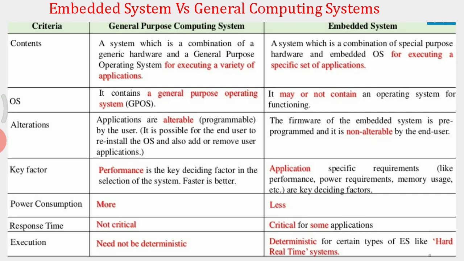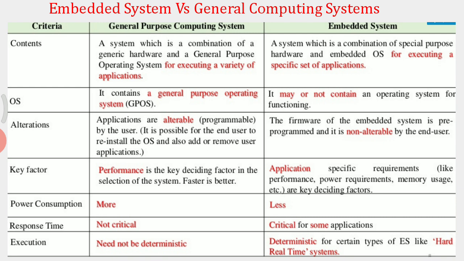Here, the difference between these two is divided into some criteria. First, the contents, that is, the hardware of a system. In the general purpose computing system, the contents are generic hardware and a general purpose operating system.